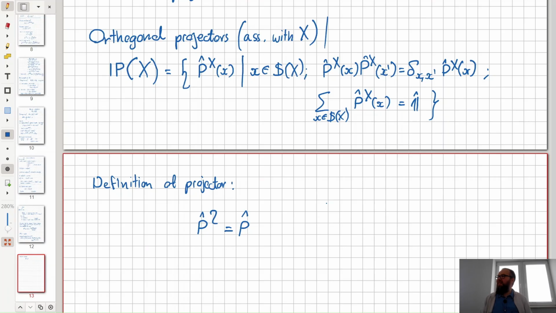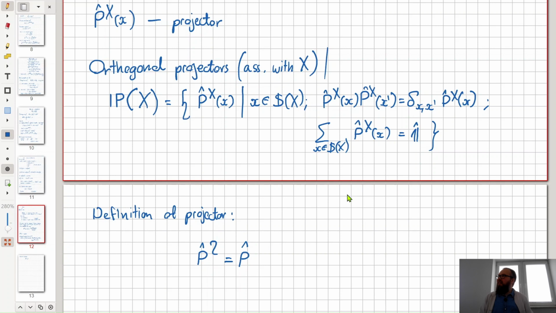Does the orthonormality of the projectors follow from idempotency? No, because idempotency concerns one projector. Orthogonality is a relation between different ones. So does orthogonality follow from idempotency and the resolution of the identity? Not exactly.